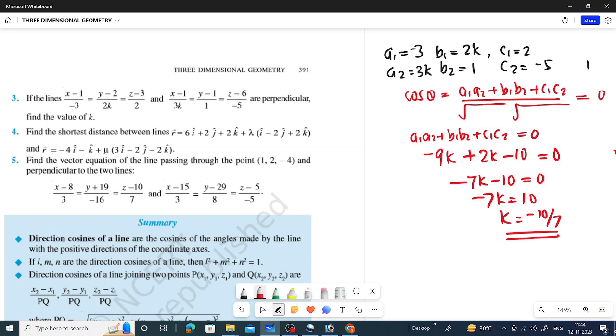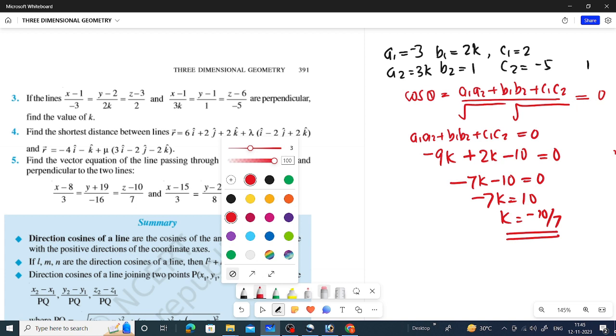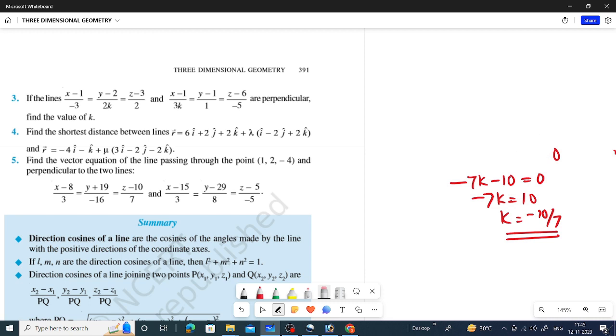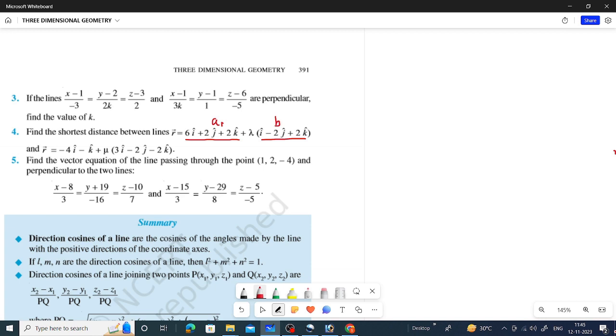Question number 3 is done. Now question number 4. Question number 4 is to find out the shortest distance between the given lines. You know, the equation of a line in its standard form is r equal to a plus lambda b. So this part is a, and a of the first line is a1, and this is vector b1.